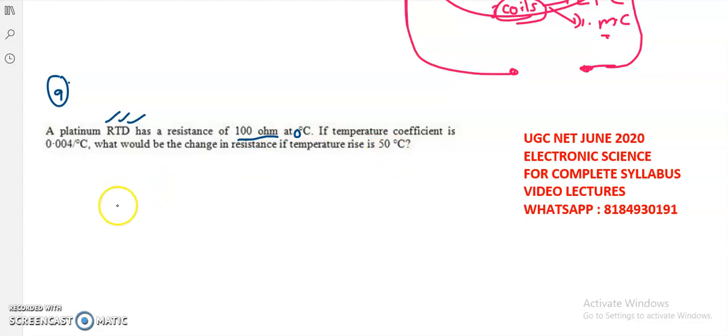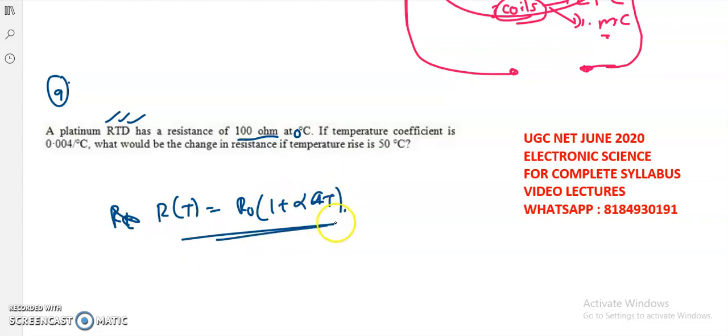Generally for the RTD, that is the resistance temperature dependent, R of T is equal to reference resistance into delta T. So it is the formula.